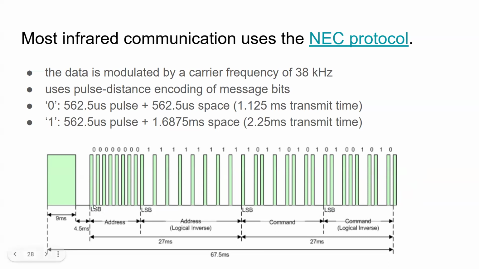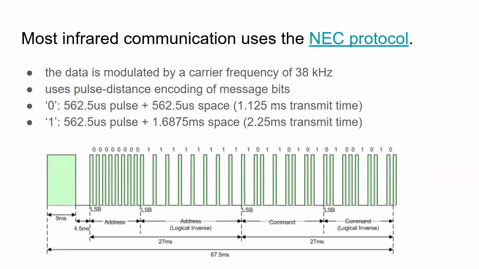So you can see here that it goes low for another 562.5 microseconds. On the contrary, a 1 is a 562.5 microsecond pulse. So here we've got that pulse, and then there's a much longer space of 1.6875 milliseconds.